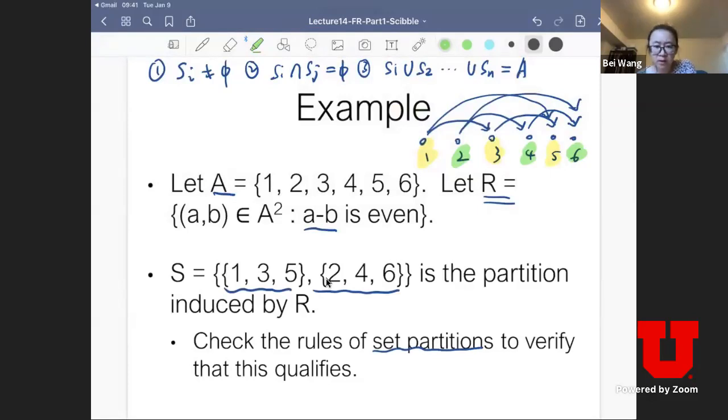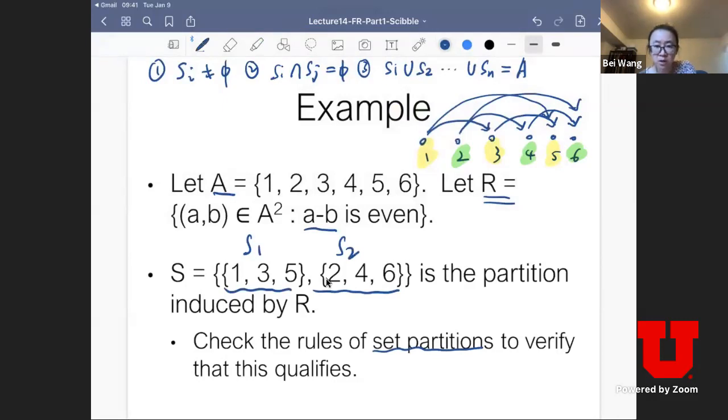Let's verify that this partition, this is S1 and this is S2, satisfies the rules of set partition. Number one, neither S1 nor S2 is empty. Number two, those two sets, S1 and S2, have empty intersection.